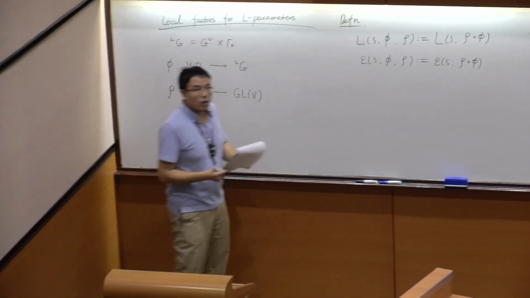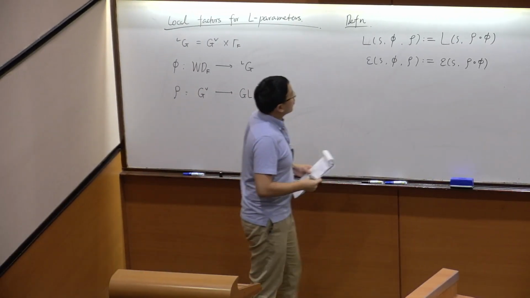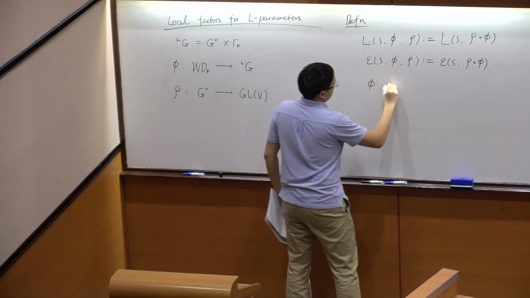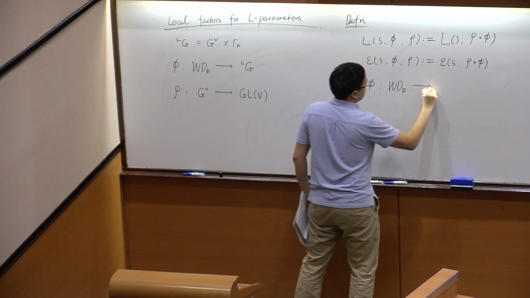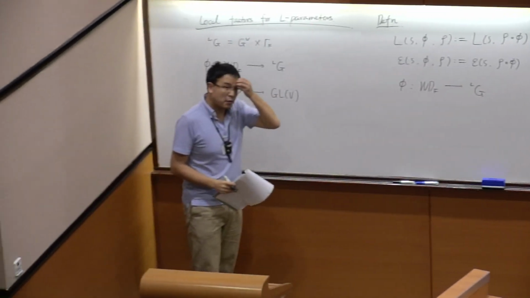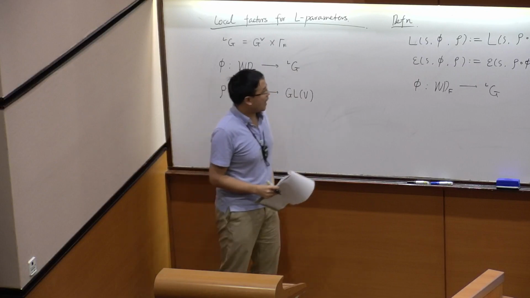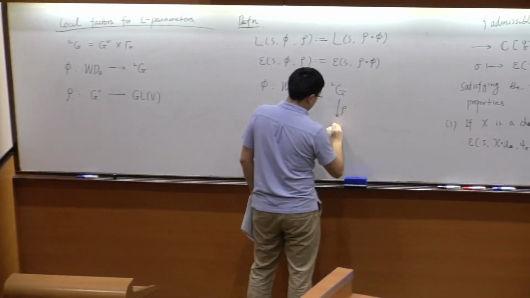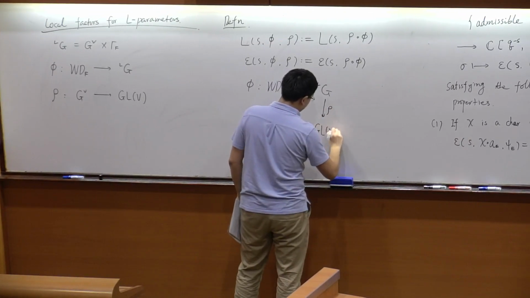Okay, we use this composition. We have the phi is a map, is the L parameter for G. So it's a map that goes to the G check, and we have the representation rho going from G check to the GL_N(V).